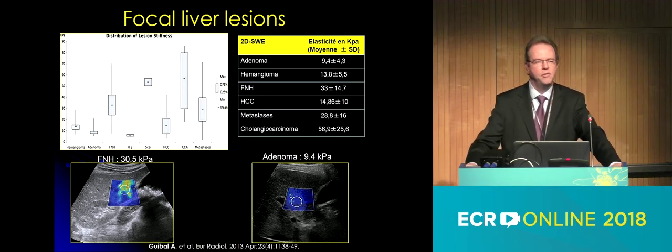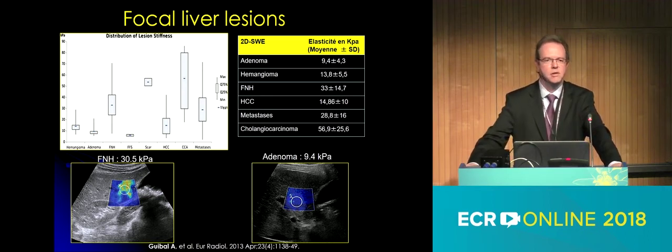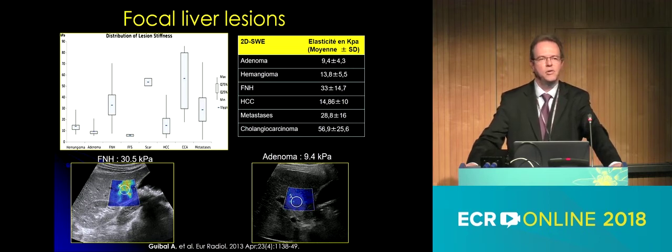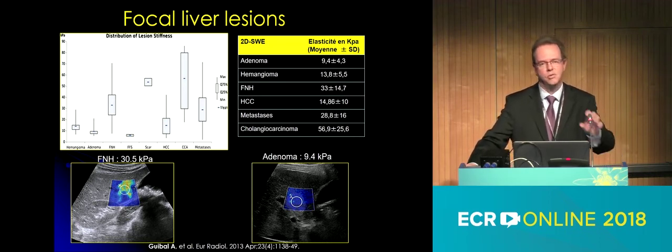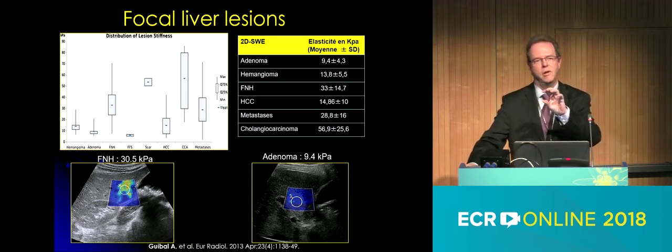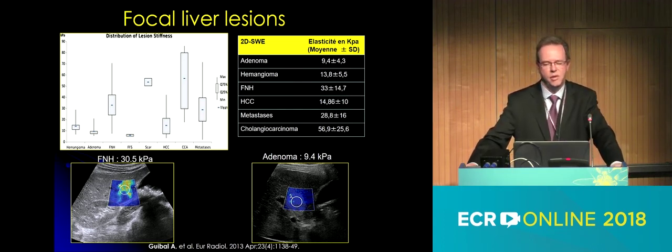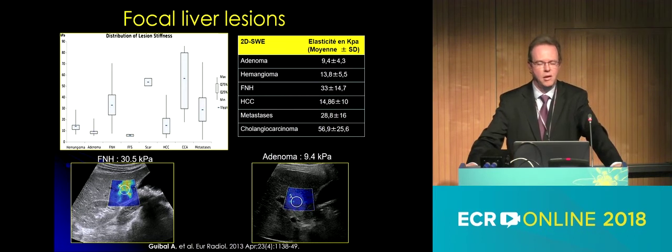What about focal liver lesions now? Of course, shear wave elastography with a 2D elasticity map in real time allows us to do something which is impossible with transient elastography: to study a given part of the liver, and why not a liver tumor. It has been shown that malignant tumors are a little bit stiffer than benign lesions, except focal nodular hyperplasia.